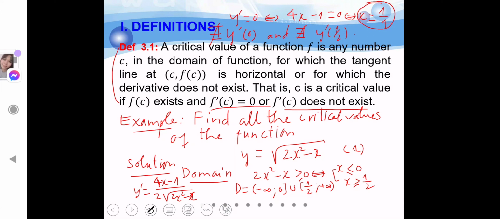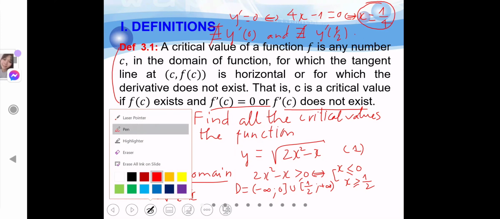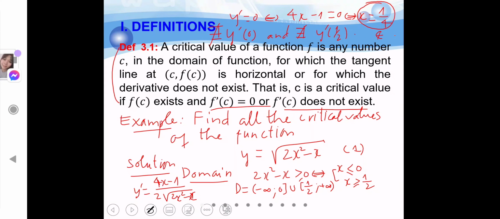No. Why? Because it doesn't belong to the domain. Only one reason is needed. So this number does not belong to the domain, and we imply x equals 1/4 is not a critical value.